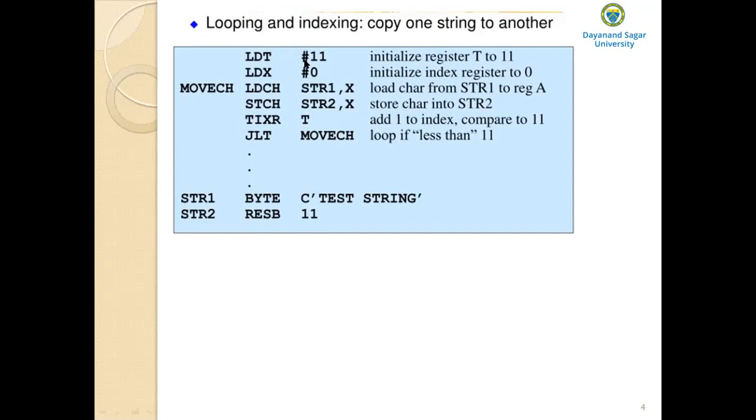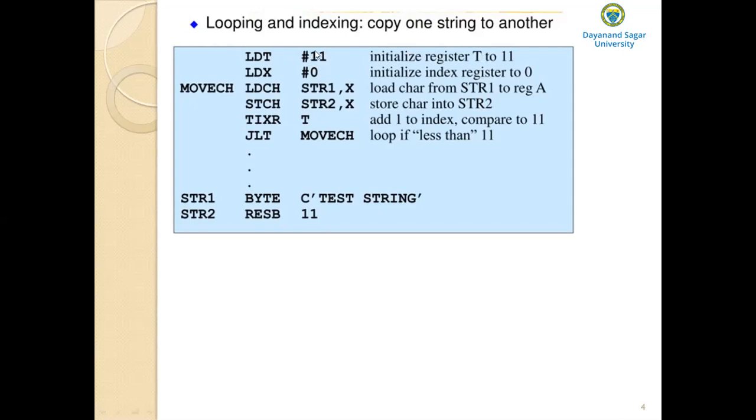First, initialize some general working register. Make use of the general working registers available in SIC/XE. We load register T using the LDT instruction with the value 11. Instead of generating a one-word constant, you can make use of immediate addressing, which is the benefit: you can load the value immediately into register T. So initialize register T to 11.